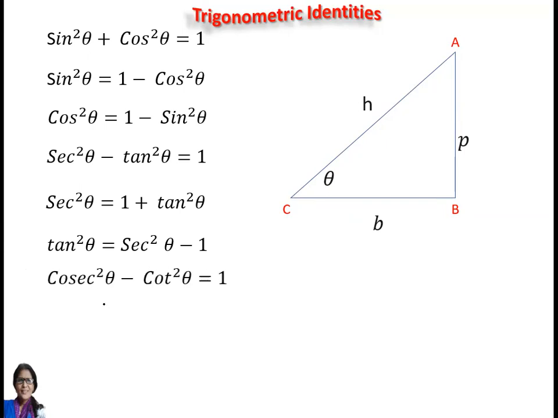Now I'm adding cosec square theta minus cot square theta is 1. Cosec square theta is 1 plus cot square theta. Cot square theta is equal to cosec square theta minus 1. So these are your tools which will be applicable for proving identities.